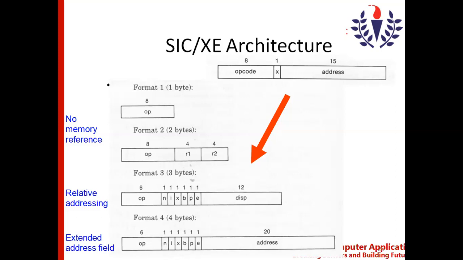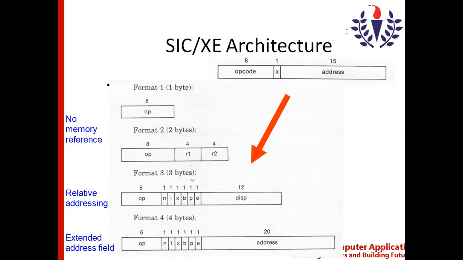From 1000, it can become 2000. In that case, the data or the target we refer to will also change. Whereas when you use relative addressing, the displacement will not change irrespective of the starting address. Whether you change the starting address or not, the displacement is not going to change. That is nothing but the distance. The distance will be constant. That is exactly what we use in relative addressing.